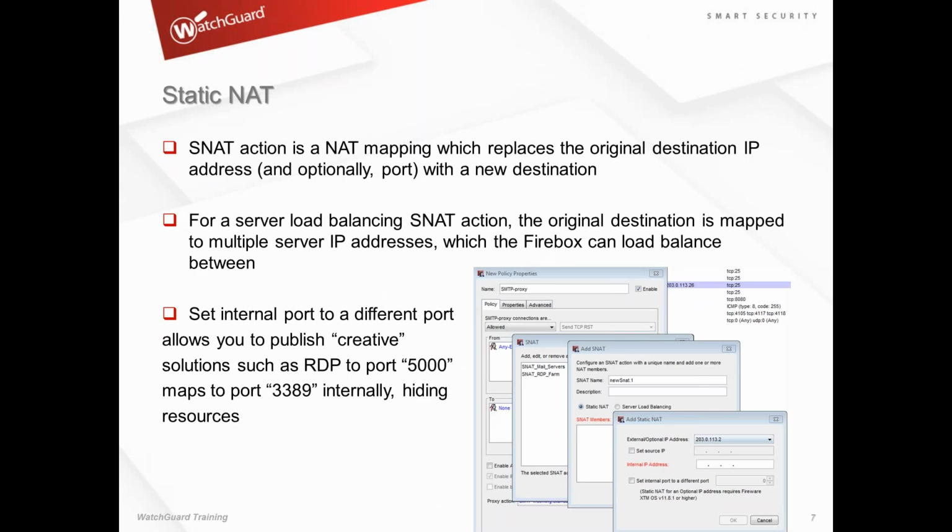Now we also have a static NAT entry. A static NAT, or SNAT, is a network address translation mapping which replaces the original destination IP address and optionally port with a new destination. As we talk about WatchGuard in comparison to some of our competitors out there, where you need to go through a wizard to create a static NAT rule that takes you through maybe 20 different screens.